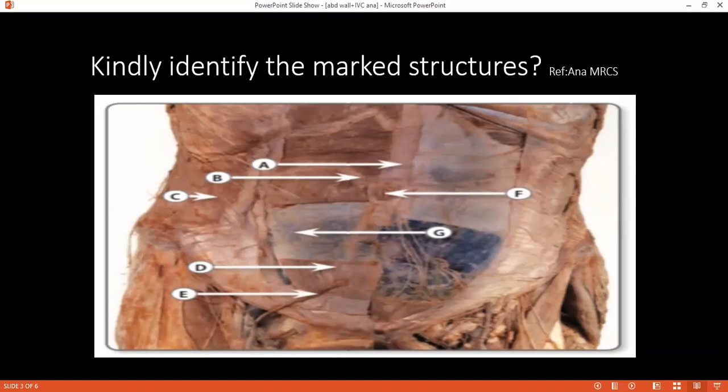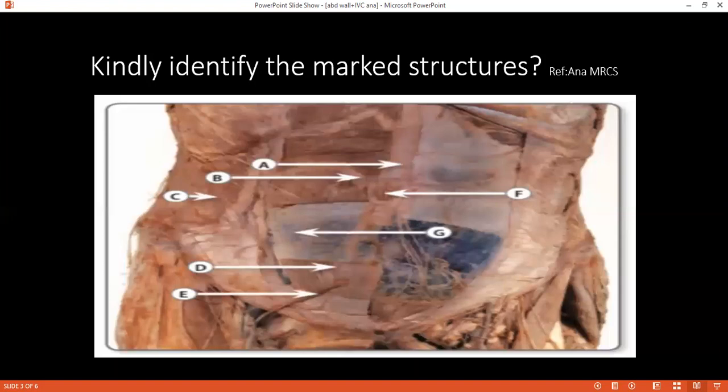What is the distal limit of Scarpa's fascia? It extends to the thigh, fusing with the fascia lata one centimeter below the inguinal ligament. It continues as the Colles fascia in the perineum.